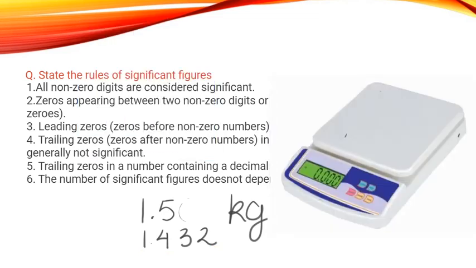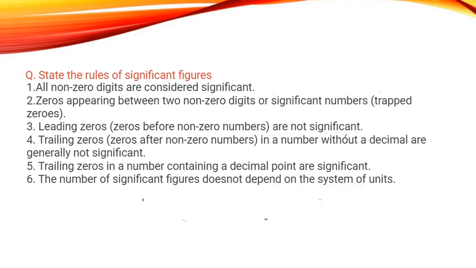For such a weighing machine which has zeros behind a decimal point, the significant figures will be 1, 2, 3. So if your zeros are trailing behind your significant numbers, containing a decimal point, in that case they will become significant.